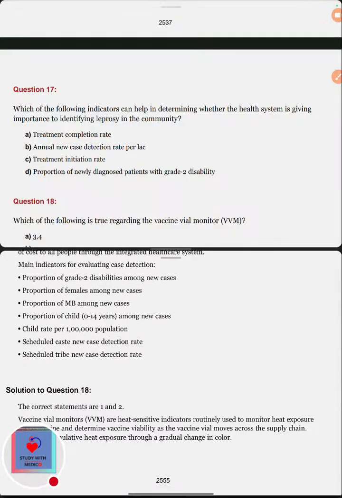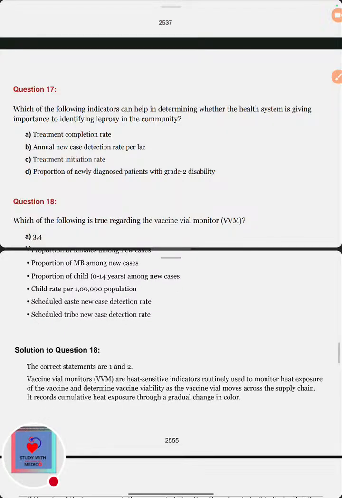Indicators include rate of disabilities among new cases, females among new cases, proportion of MB among new cases, proportion of children among new cases, child rate per 1 lakh population, scheduled caste new case detection rate, scheduled tribe new case detection rate.